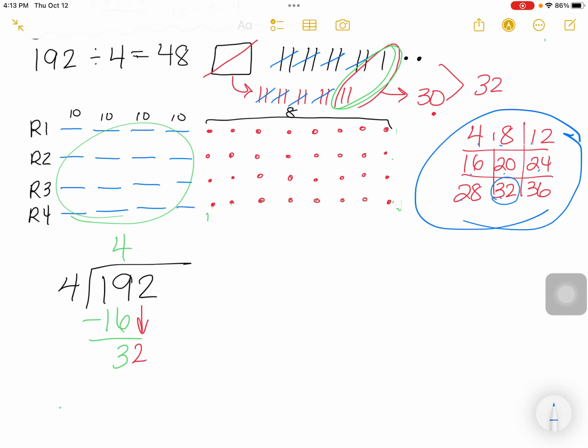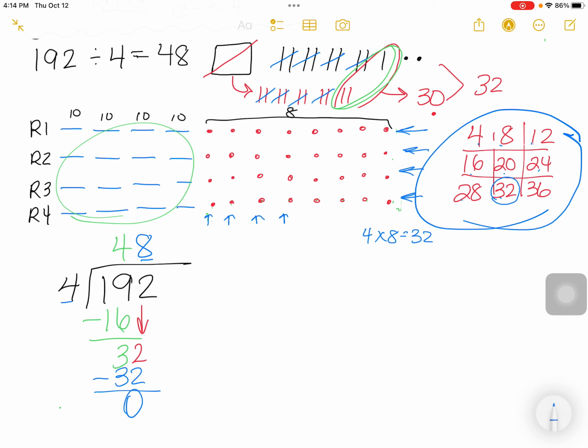If I'm counting in 4 rows, by the time I distribute them into each row, there were 8 in each row. That's why it was really important to know that 4 times 8 is 32. This is why we taught this in 3rd grade. So 4 times 8 is 32, and when I distributed all of those out, I got left with no remaining blocks.